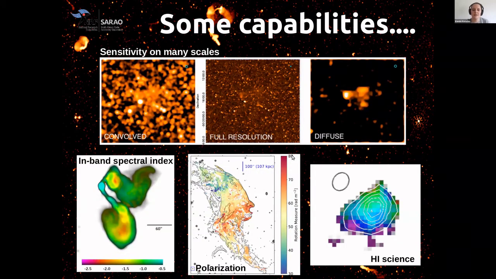Now I'll go on to some of the more detailed capabilities of these data, since we do want the community to use them. I've mentioned this a few times in terms of MeerKAT surface brightness sensitivity. This top panel shows an example of what can be done with these data. In the middle panel, you see a full resolution image.